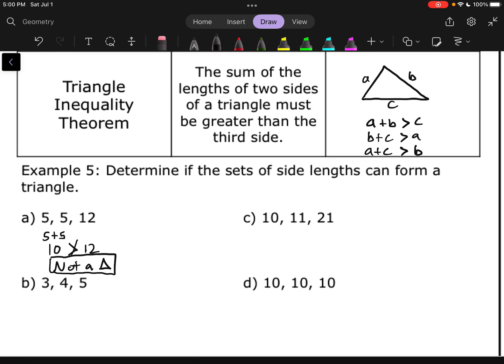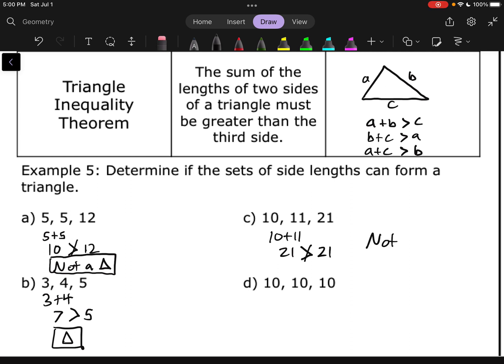For B here, 3 plus 4 is 7, and 7 is bigger than 5. So that can be a triangle. For C, 10 plus 11 is 21. 21 is not greater than 21.